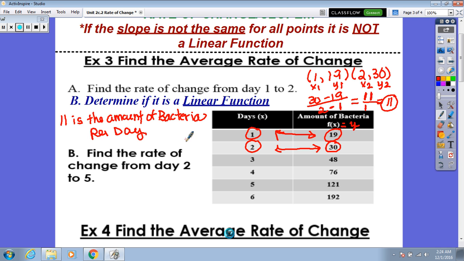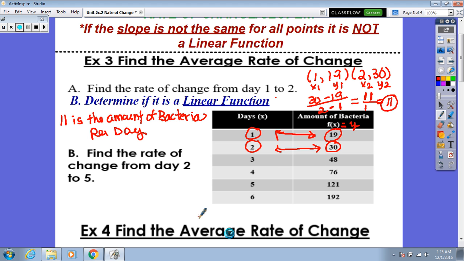Now, in order for this to be a linear function, the rate of change for our second example should be the same as our first example. If we do not get 11 for our second example, then we would say this example is not a linear function. If we do get 11, we can say that it's a linear function because linear functions have the same slope or rate of change.